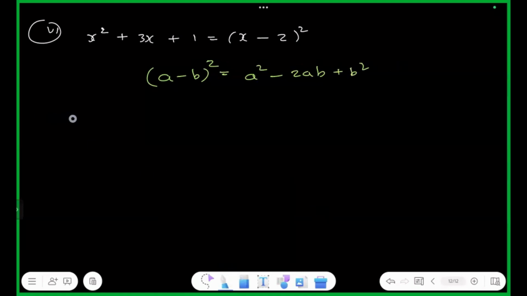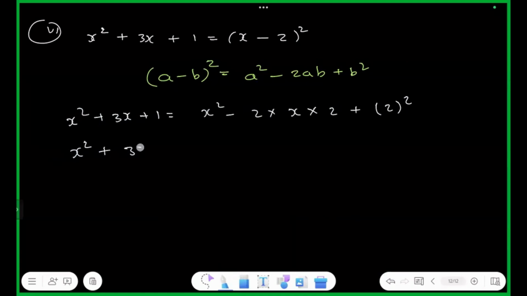So what we will get? x square plus 3x plus 1 is equal to x square minus 2 into a into b plus b square. Now x square plus 3x plus 1 is equal to x square minus 4x plus 4.